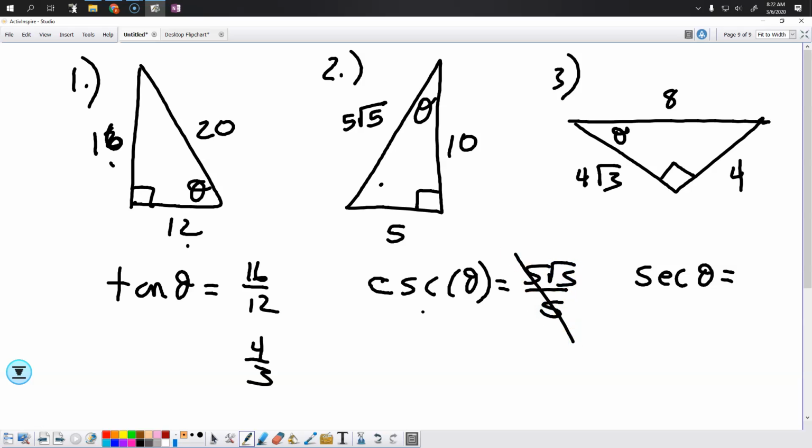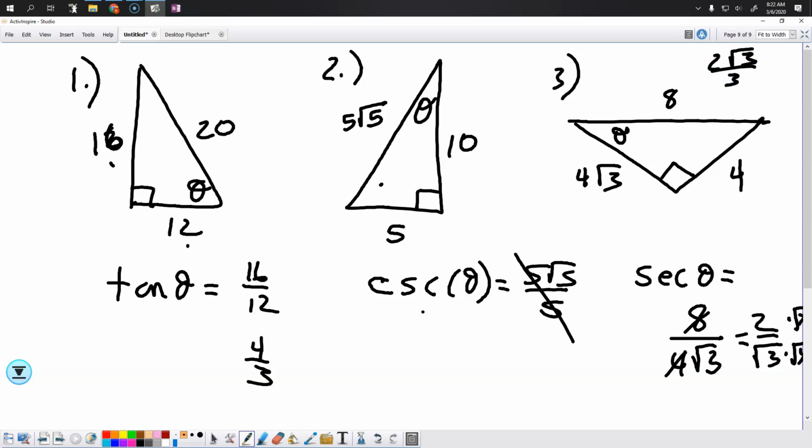So it's radical 5. And then the last one here, secant is hypotenuse over adjacent, which reduces like this first. And then if you multiply the top and the bottom by the square root of 3, you end up with this as your final answer.